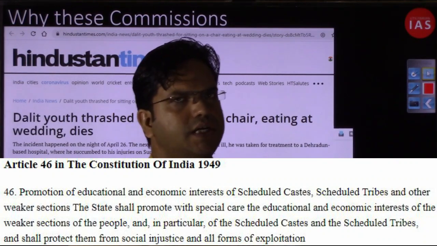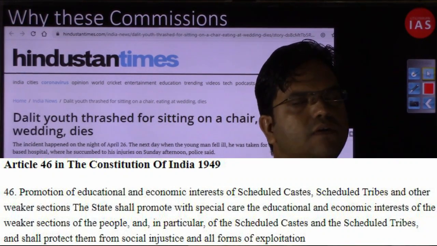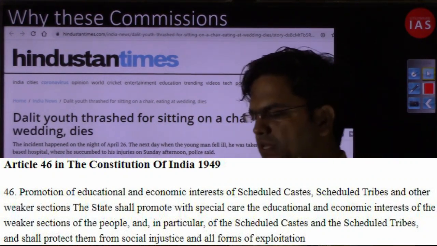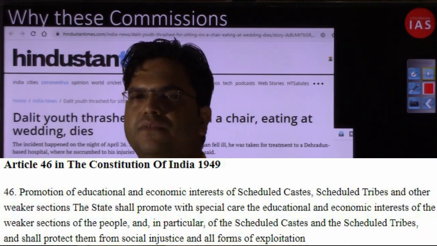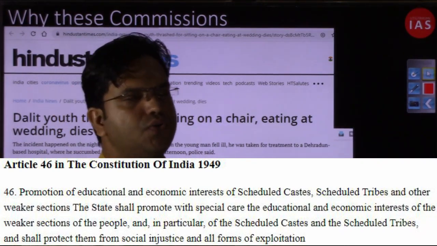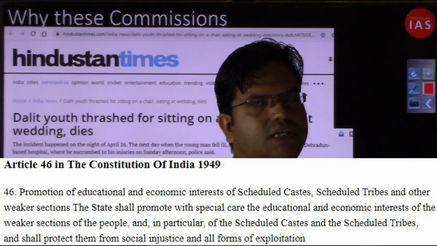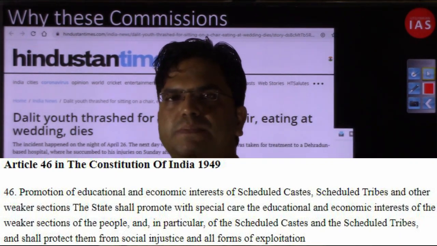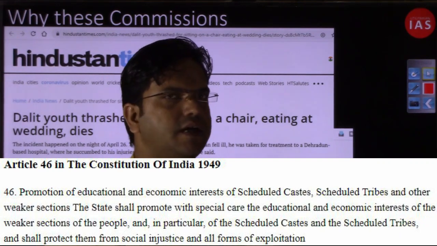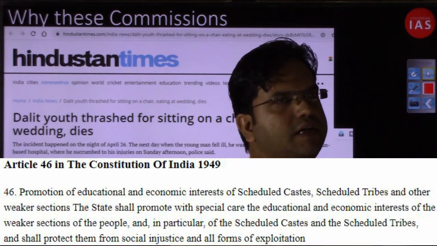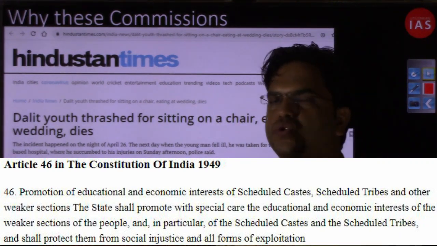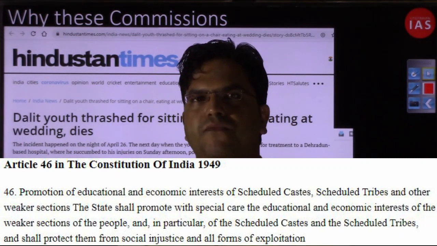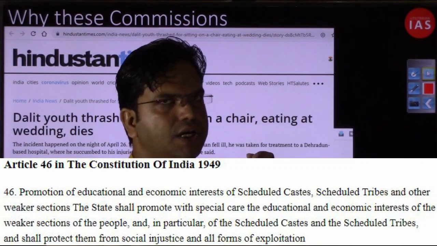Do you know what this Article 46 deals with? Article 46 deals with furtherance, or advancement, of the interests of people belonging to weaker communities, and these two communities, the SC community and the ST community, have been specifically mentioned in it: their educational, economic and social interests should be furthered, and that will be the responsibility of the state.